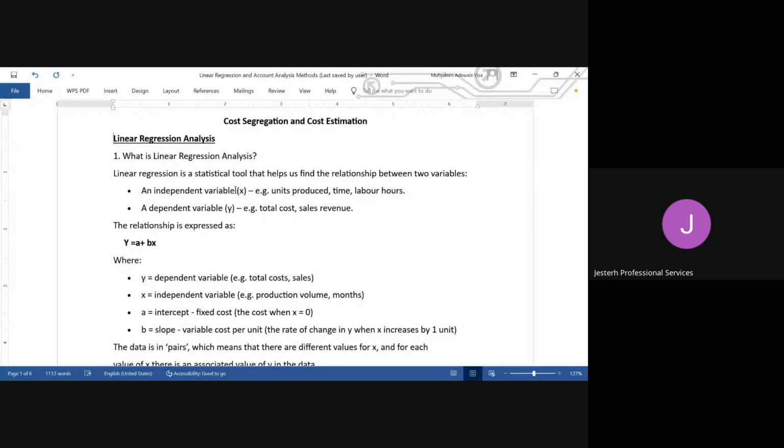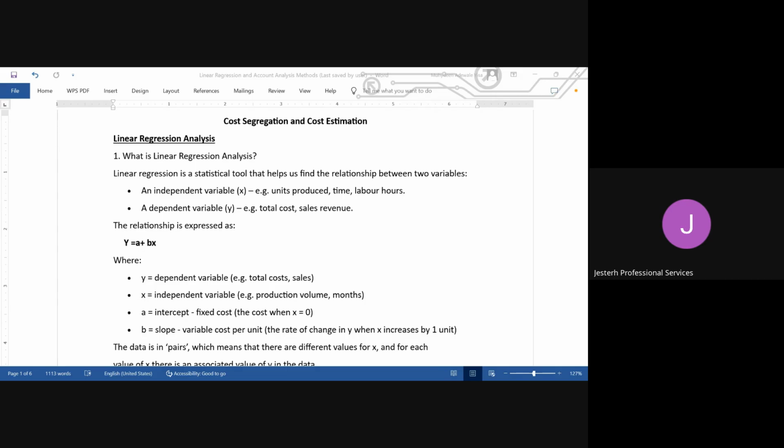But linear regression uses all the available data, not just restricted to the high level of activities with the associated cost, or the low level of activities with the associated costs, like the high and low method is all about.